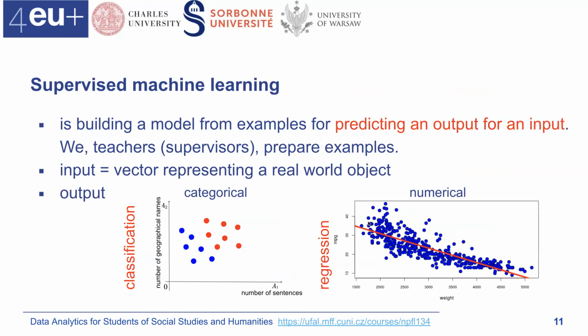We distinguish two classes of machine learning tasks, and one of them is so-called supervised machine learning. It is building or creating a model from examples for predicting an output for an input.